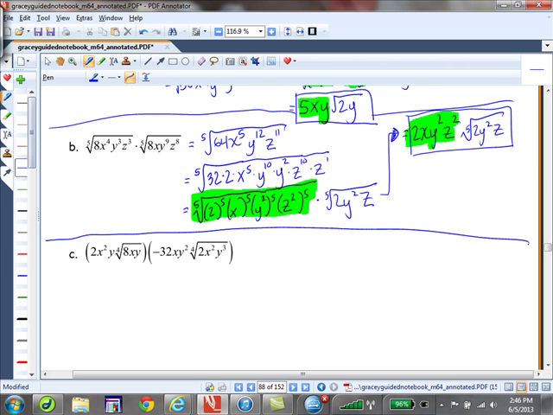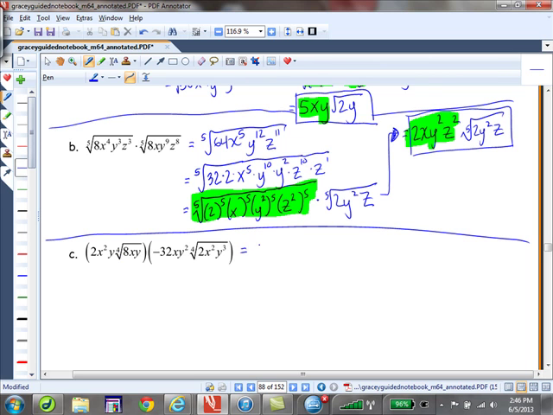Next up, we have a lot going on here. This is all being multiplied together. This is my thought. Let's multiply the things that are being multiplied to these 4th roots together. So I'm basically going to use the commutative law.